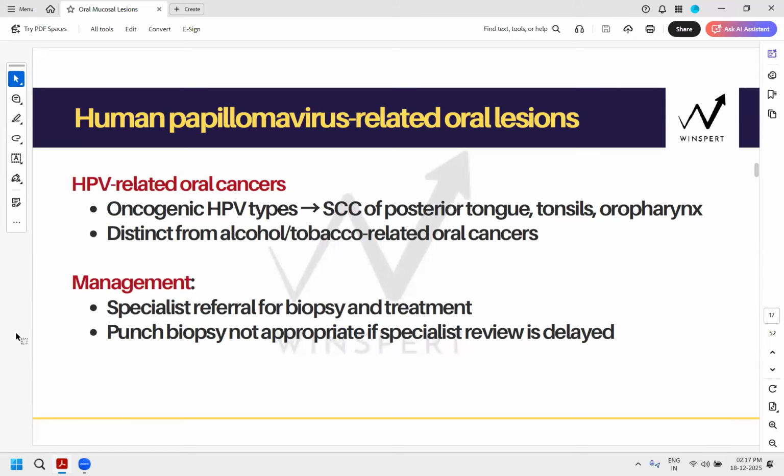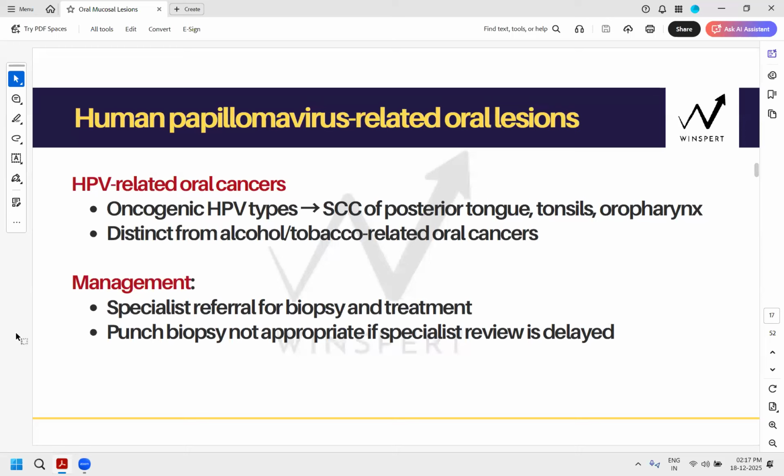Did I make sense? Oral hairy leukoplakia, chronic oral and oropharyngeal candidiasis, right? Any condition which shares the transmission route with HIV. That means any conditions which are also sexually transmitted.